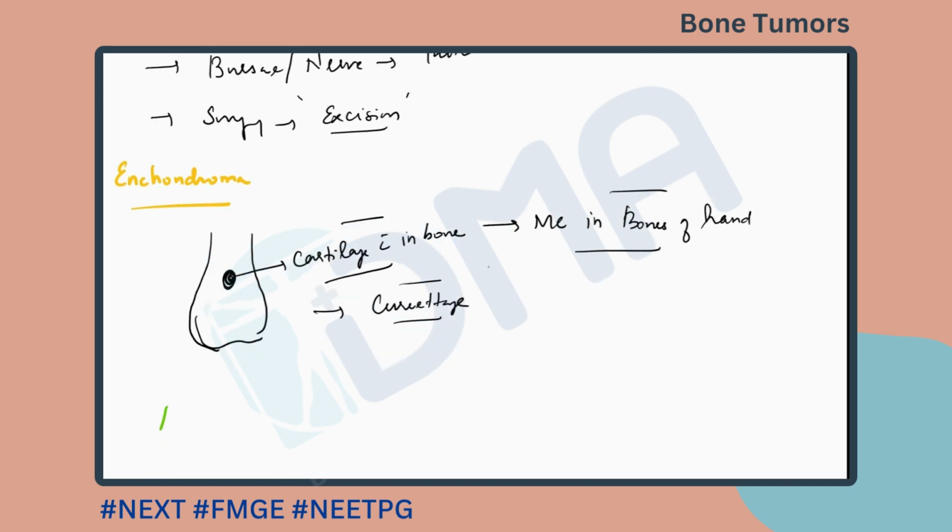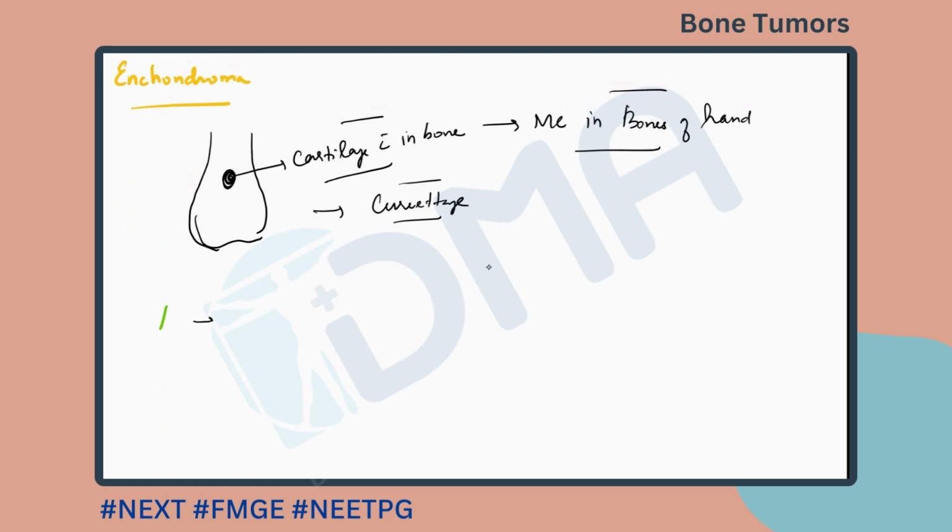And these enchondromas can occur in a multiple manner, which is called multiple enchondromatosis. So it can occur singly or in multiple ways. Multiple bones can be involved. Once it occurs in multiple bones, it is called multiple enchondromatosis.